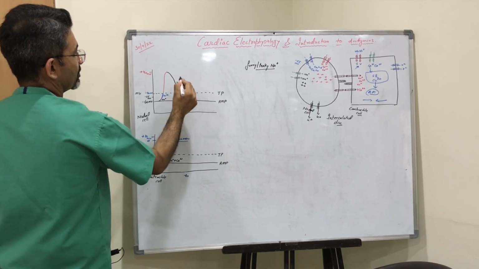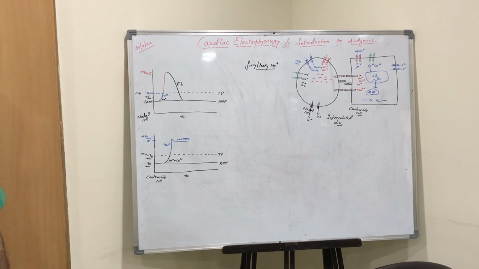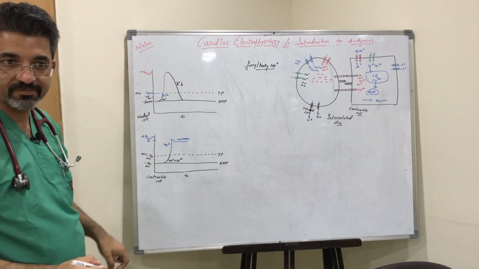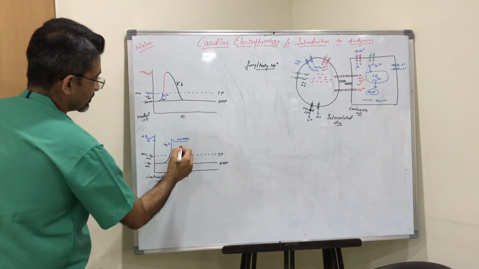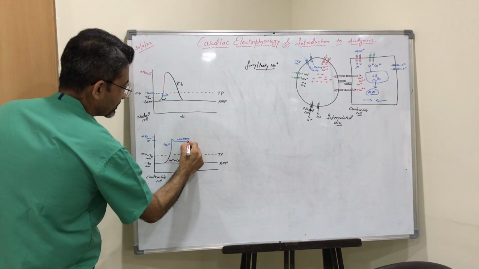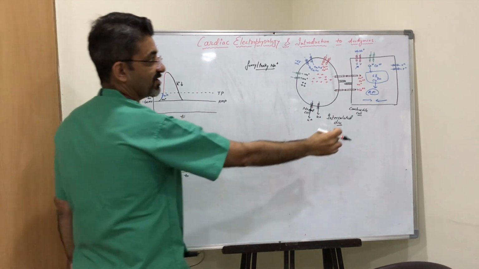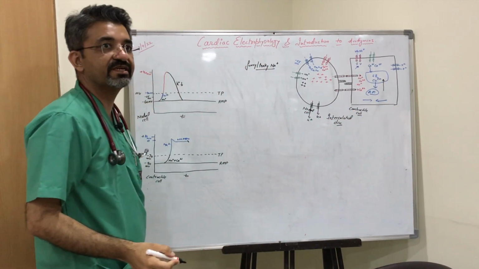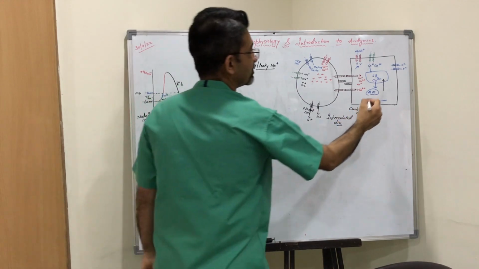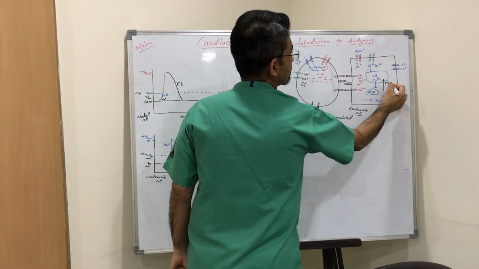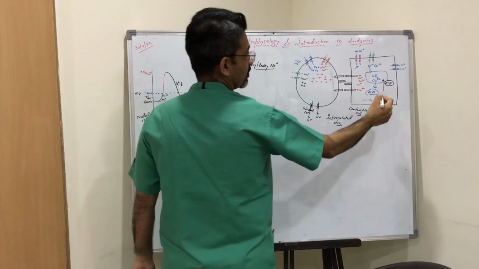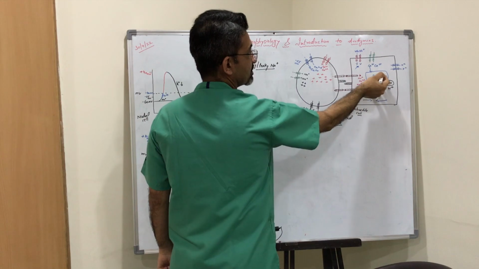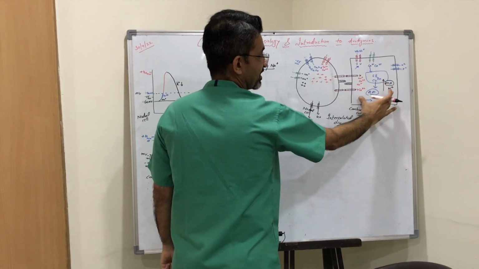Potassium is going out, and the action potential falls to minus 60. Once 250 milliseconds have elapsed and contraction has occurred, calcium goes back in against the concentration gradient. So there is use of ATP here, and protons are exchanged. Calcium goes against the concentration gradient and contraction ceases.